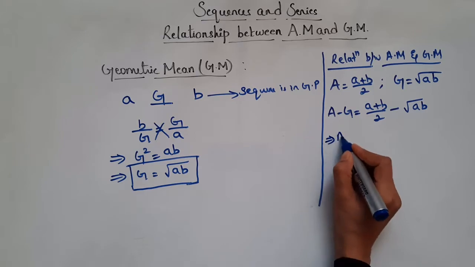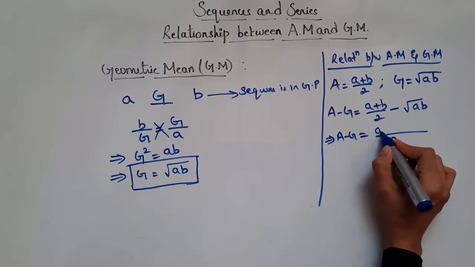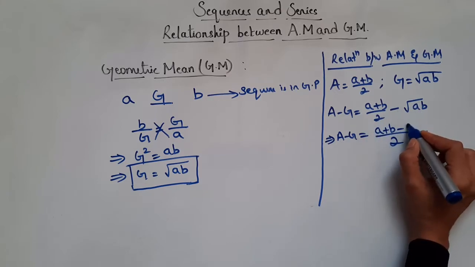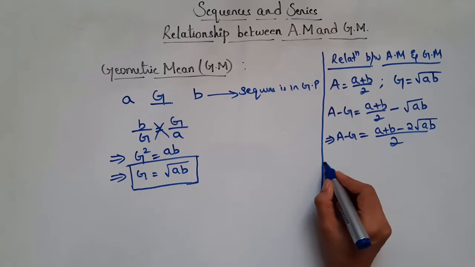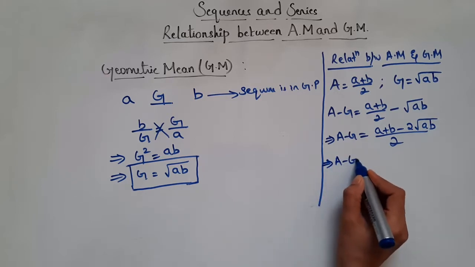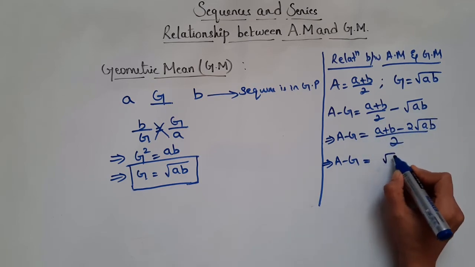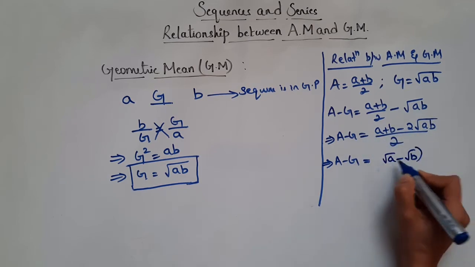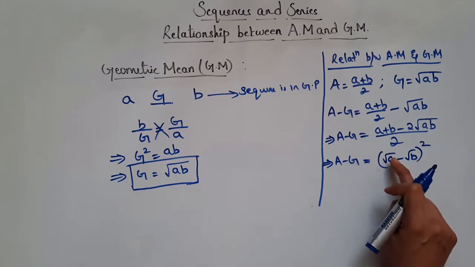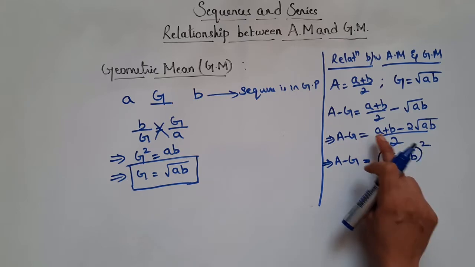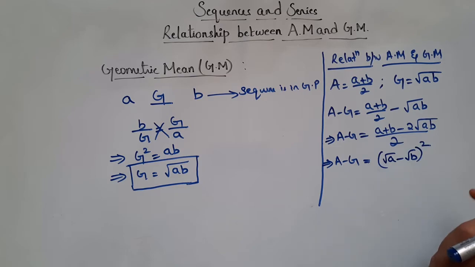This implies A minus g is equal to, let's take the LCM here, a plus b minus 2 into root ab, all over 2. Here if you see the numerator, this is of the form (root a minus root b) the whole square. Root a the whole square is a, root b the whole square is b, minus 2 into root ab, right?